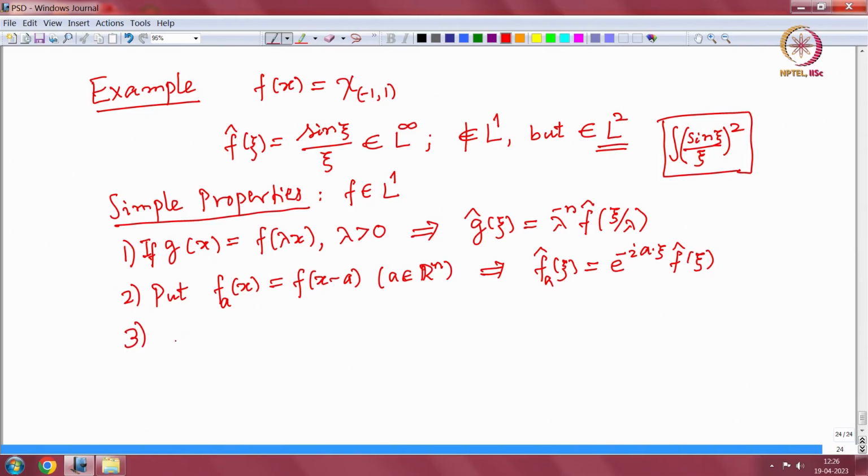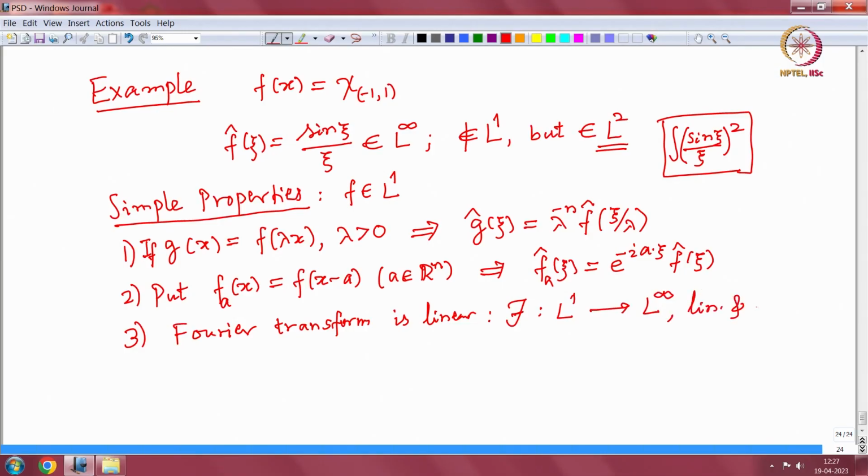The Fourier transform is a linear operator, that is because of the integration. Sometimes we write this as script F. So it goes into L infinity, linear and continuous.